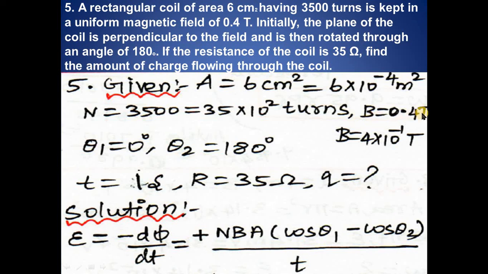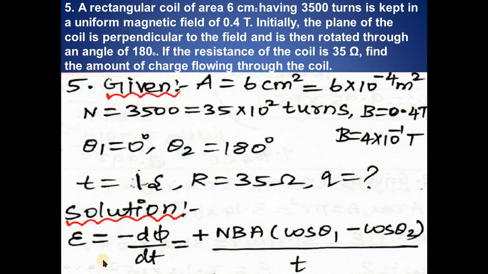B is equal to 0.4 Tesla. This term 0.4 may be written as 4 into 10 power minus 1 Tesla. Theta 1 is equal to 0 degree. Then theta 2 is equal to 180 degree. Because time is not mentioned, we consider T is equal to 1 second. R, resistance, is equal to 35 ohm. What is the value of Q?